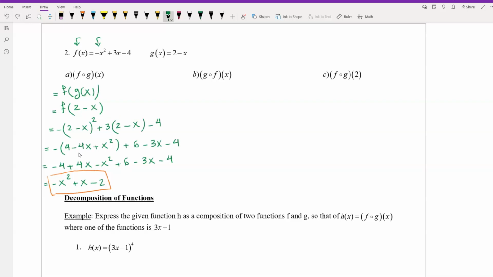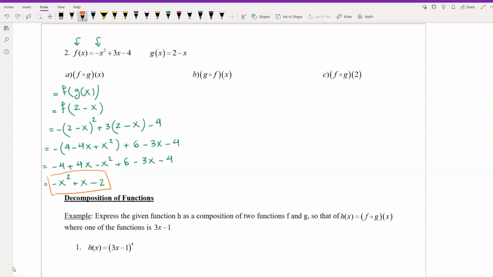So here we have positive 6, negative 3x, then subtract 4. Then we have to multiply this negative sign. So we have negative 4 plus 4x minus x squared plus 6 minus 3x minus 4. Combine like terms. Final answer is negative x squared plus x minus 2.